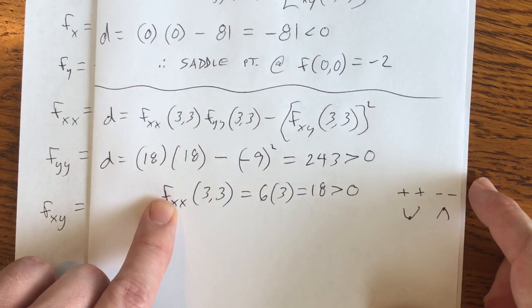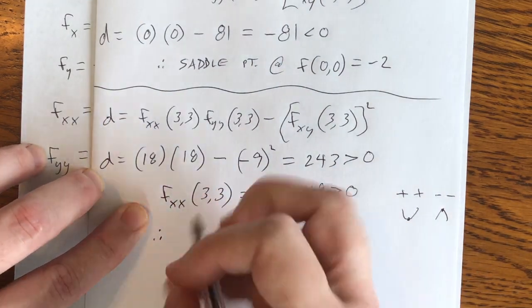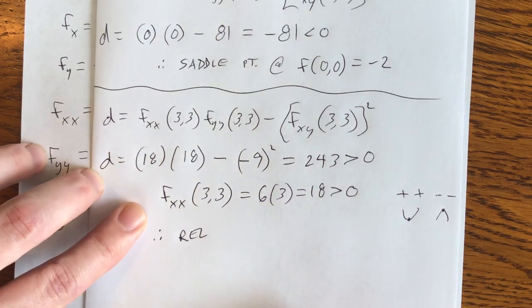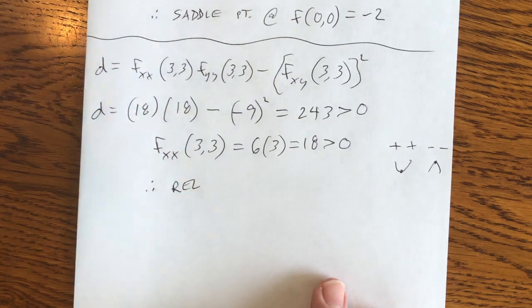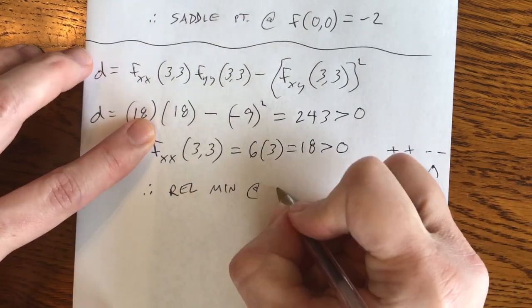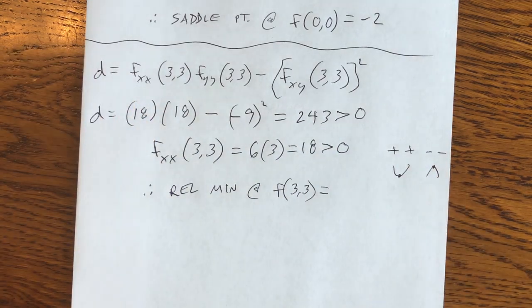Okay, anywho, this tells us what again? That you now know for a fact that you have a relative minimum at f of (3, 3) equaling what?